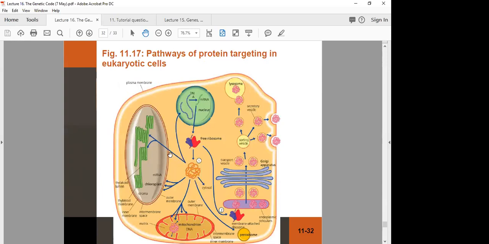Where else might this protein go? It might be required in this organelle called the chloroplast. Within the chloroplast, we have these thylakoid membranes, and here are all the pigments and proteins that are required for the process of photosynthesis. So this protein might be one of those proteins that are embedded in these thylakoid membranes.